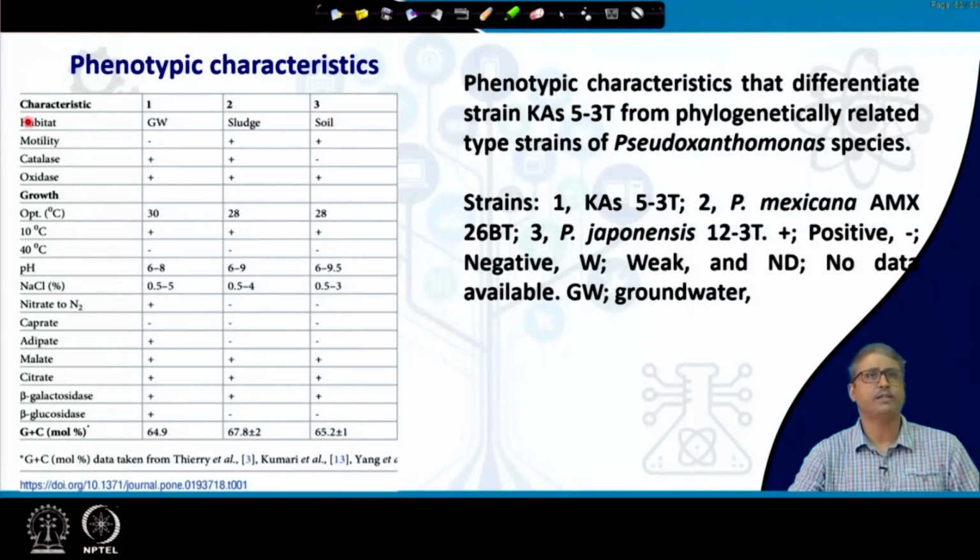The characteristics include motility, enzyme assays, growth at different temperature, pH, how they withstand different salinity, whether they reduce nitrate, etc., as well as their genomic GC content, because GC content is very important information in order to establish taxonomic similarity.